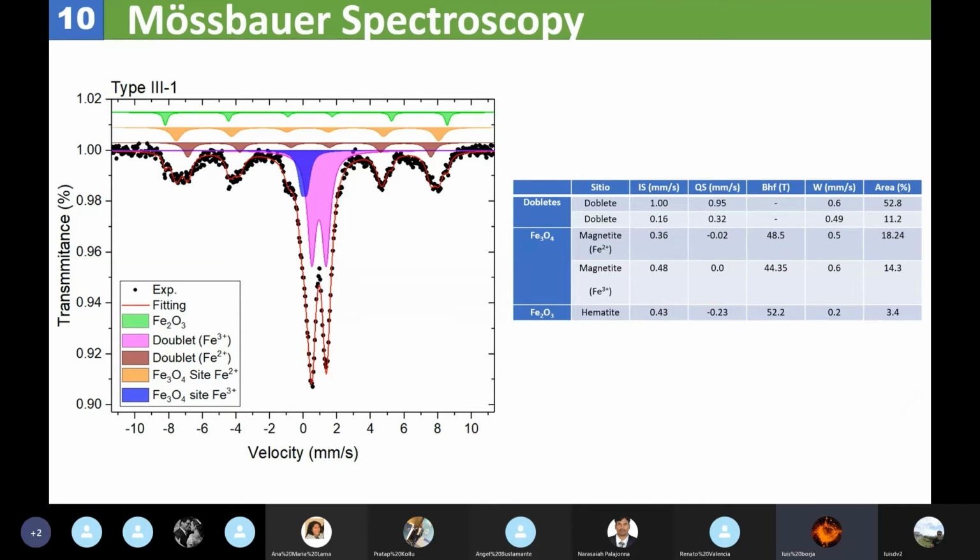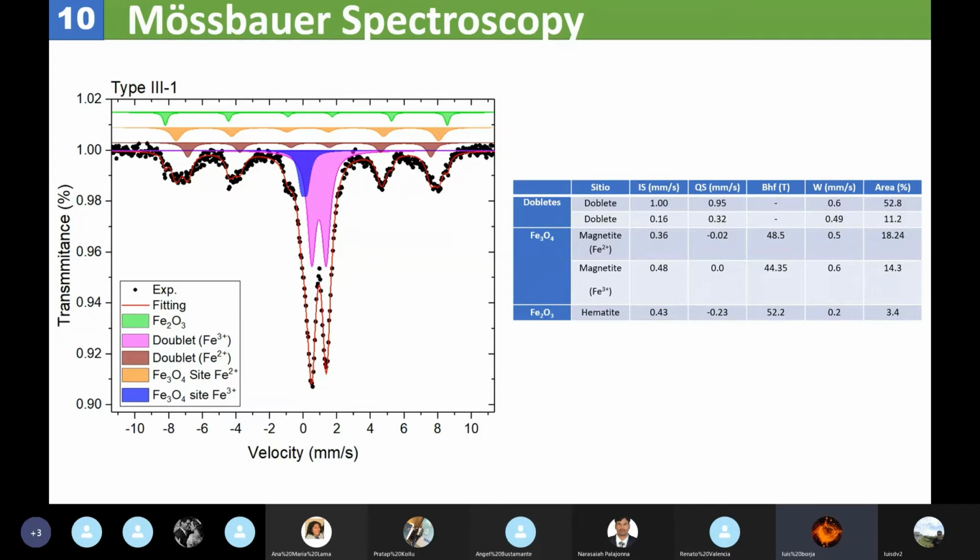The next technique that we use to characterize the samples is Mössbauer spectroscopy. You can see the experimental data in the spectra formed by the black dots, and the analyzed result is the fitting curve in red. The other colors are the subspectra, which are the components. In this case we can confirm the presence of magnetite: the green curve, and the orange and wine curves.